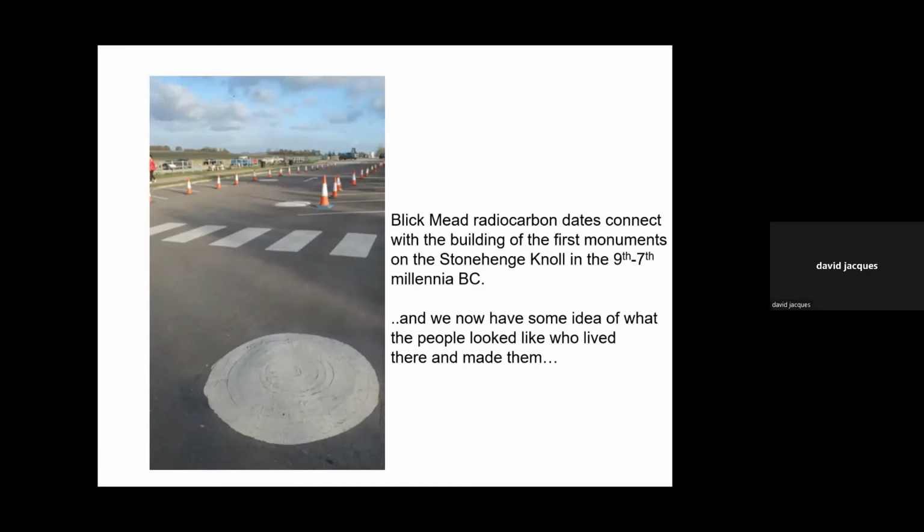So people couldn't understand why these things, which are unique for northwestern Europe, were there. Well, now we have direct correlation between the dates from Blick Mead and these posts going in. So basically, it almost certainly is the case that people who were living at Blick Mead put them up.